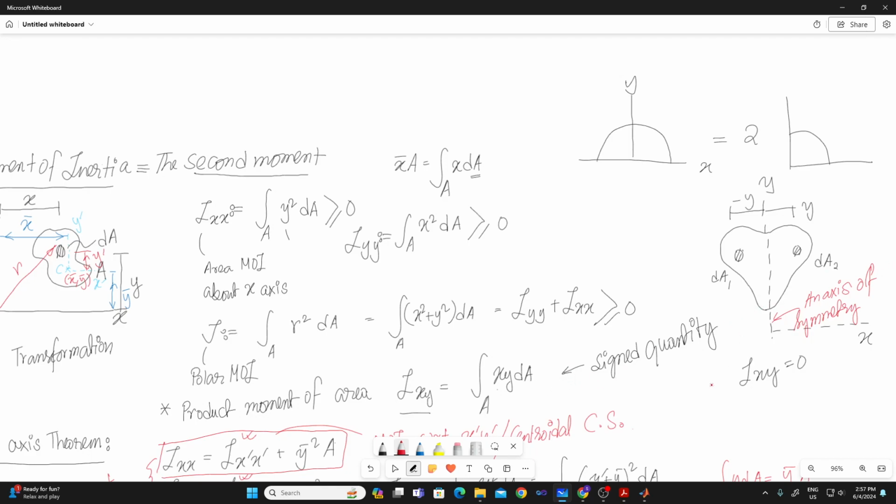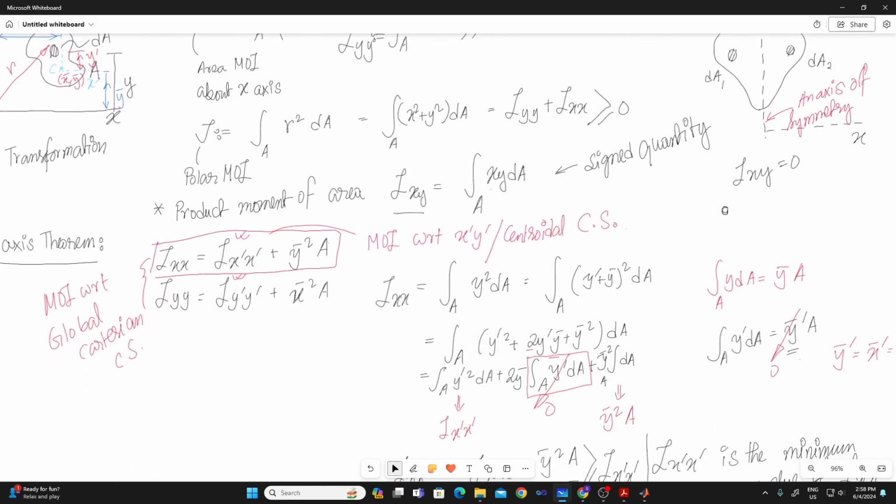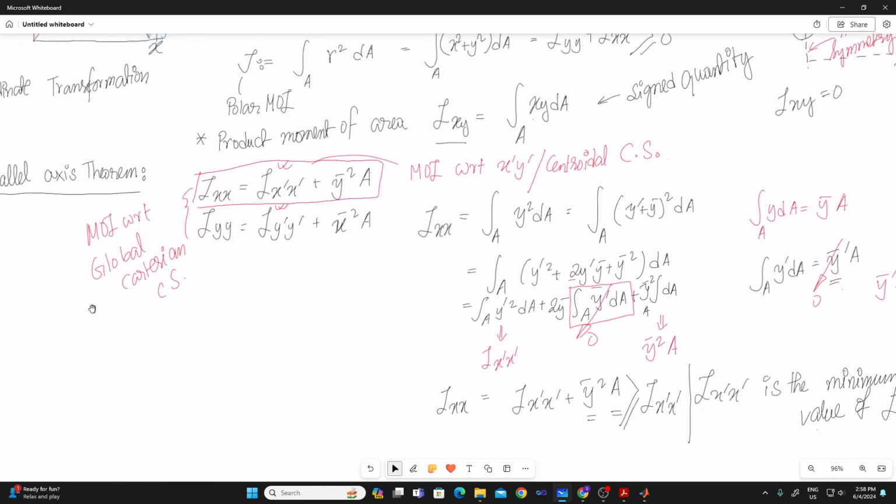Now I'll not go into much detail of the product moment of inertia, but right now what we have seen is that you can perform the coordinate transformation, or you can choose different axes to evaluate a moment of inertia, and you can also establish a relation between the two.